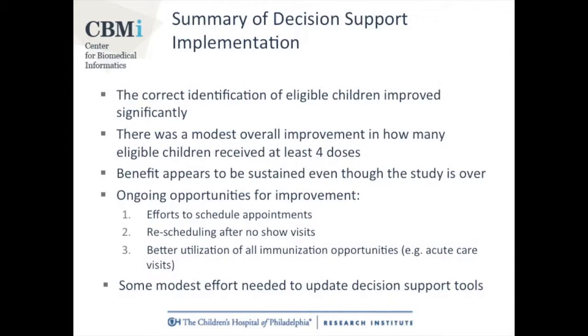But there are some ongoing opportunities for improvement even in the face of new guidelines related to scheduling efforts to ensure that appointments are made for children to receive the immunization, and that efforts are made to follow up with children who do not show for appointments, and that we make sure that we take advantage of all opportunities to administer palivizumab when the child is in the office.